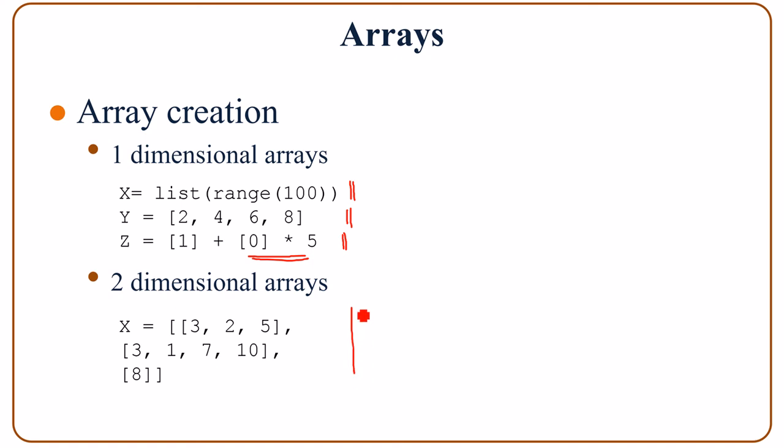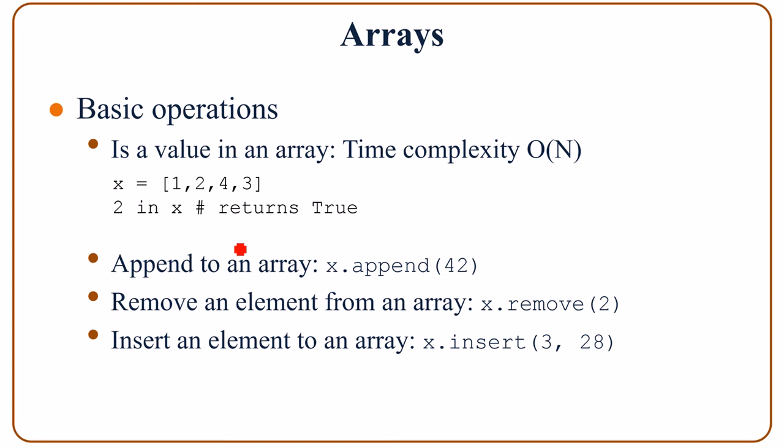This is how you create a two-dimensional array. A two-dimensional array is basically an array of arrays. Some basic operations are, for example, checking if a value is in an array. You use the in operator. You check if the value 2 is in the array x by saying 2 in x. This would return true.